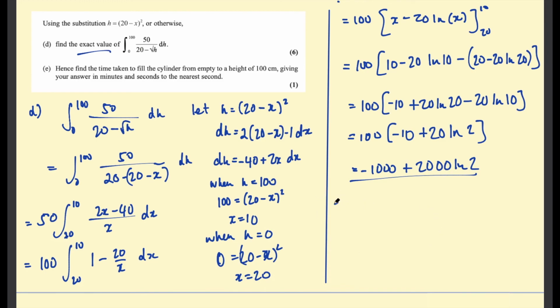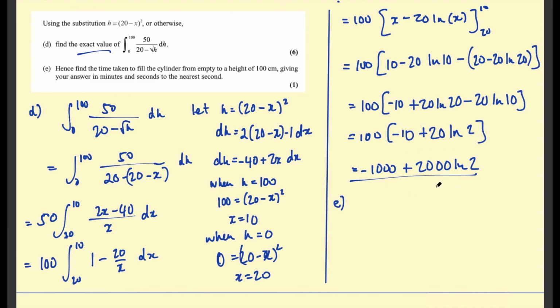Nice. Finally, part E says, hence find the time taken to fill the cylinder from empty to a height of 100 centimeters, giving your answer in minutes and seconds to the nearest second. This is just asking you to evaluate this answer as a decimal in minutes and seconds.